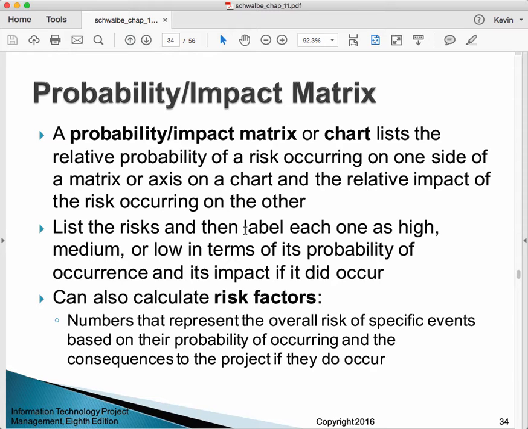We list the risks and then we label each one as high, medium, or low in terms of the probability of occurrence and its impact if it did occur. You can also calculate risk factors. These are numbers that represent the overall risk of specific events based on their probability of occurring and the consequences to the project if they do occur.